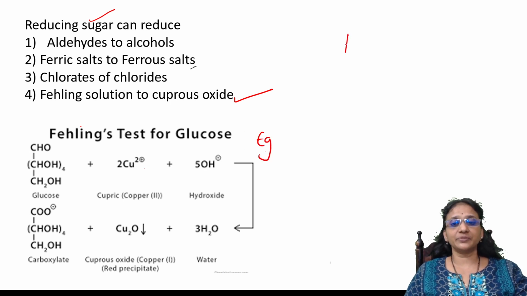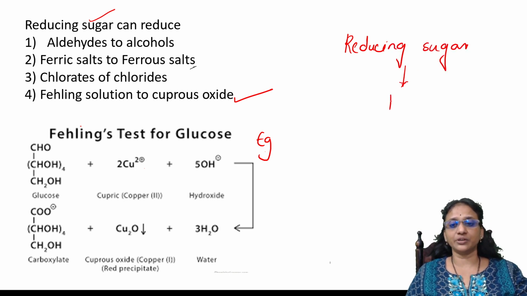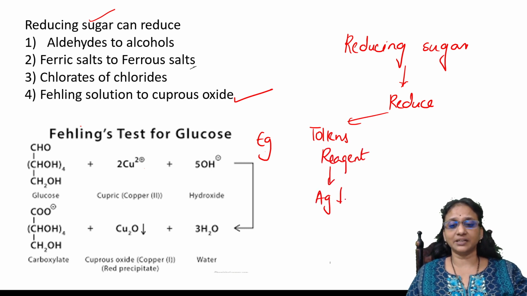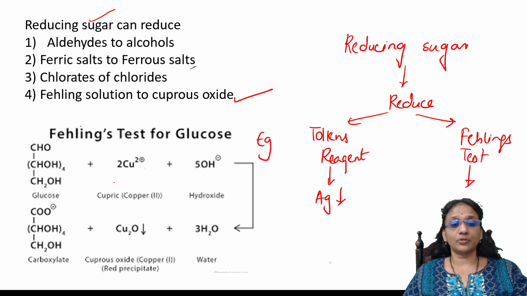Observe, students. First, we will understand. Reducing sugars are those which are going to reduce. Which one to which one? Suppose I take Tollens' reagent, they are going to convert this Tollens' reagent into a silver precipitate. Done. If it is Fehling's test, it's going to form a red copper oxide precipitate.